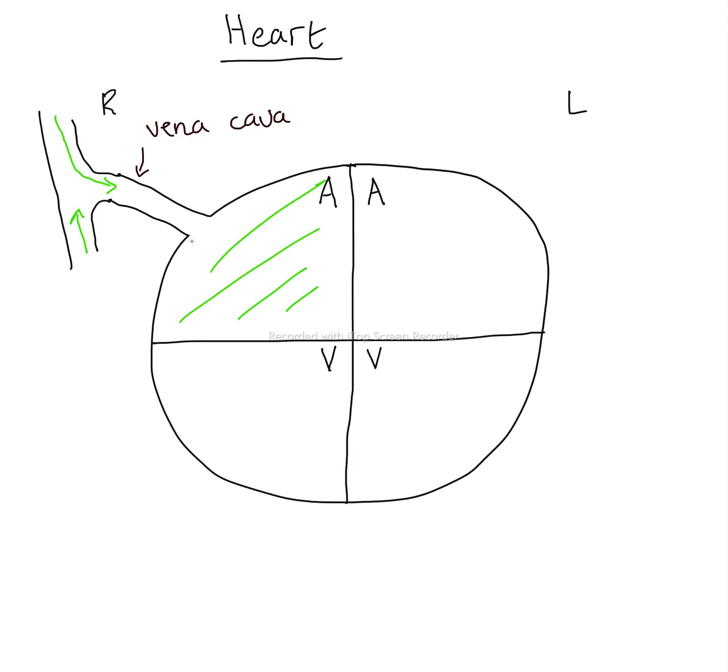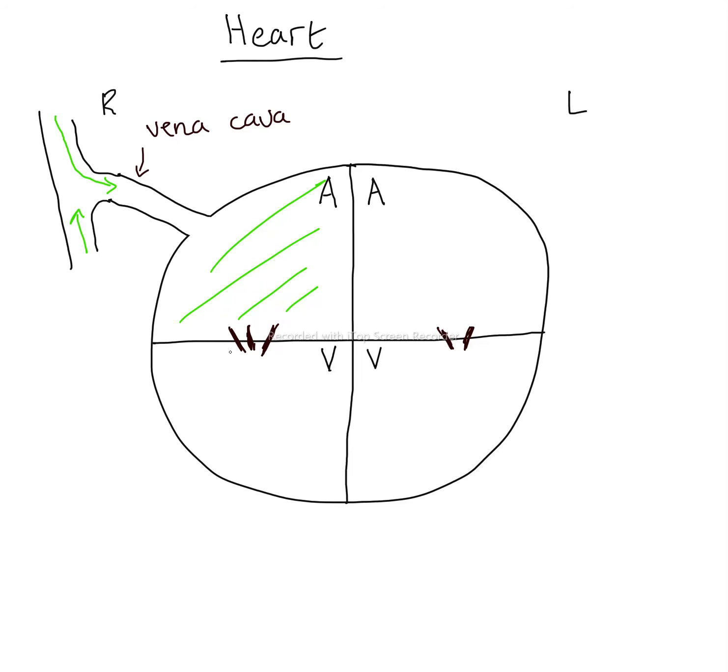Right, once the blood's come in, it makes its way down here, and I like to draw 3 lines, and then I like to draw 2 lines here. So it goes through the tricuspid valve. Let me write that.